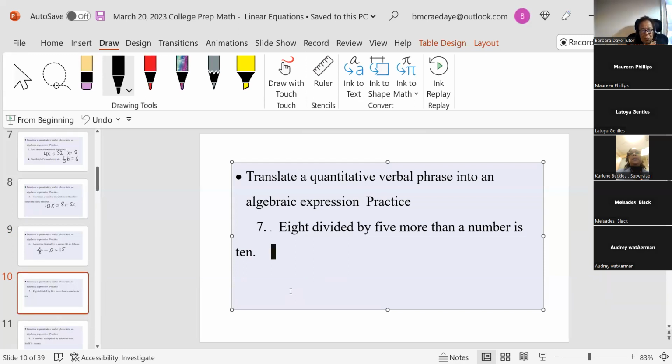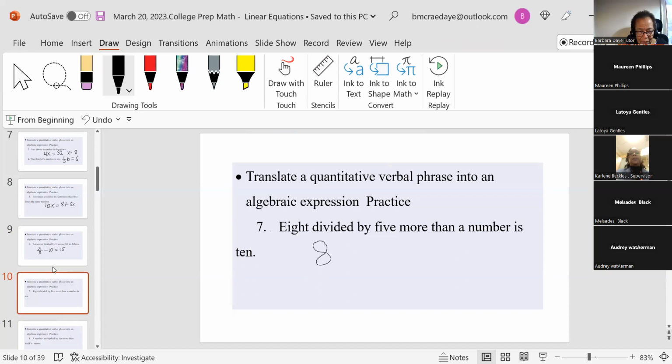Okay, let me write what you're saying. 8, divided by, 5, more than a number is 10. What do I put with the 5?